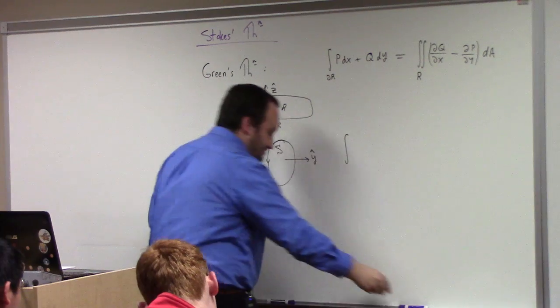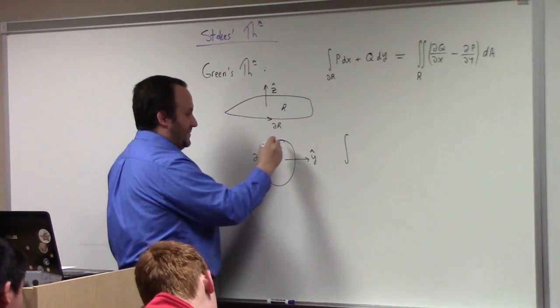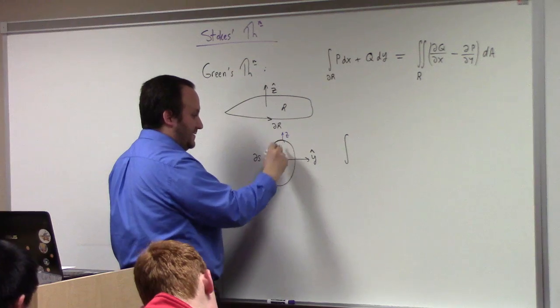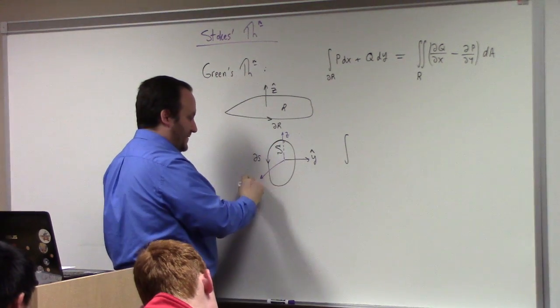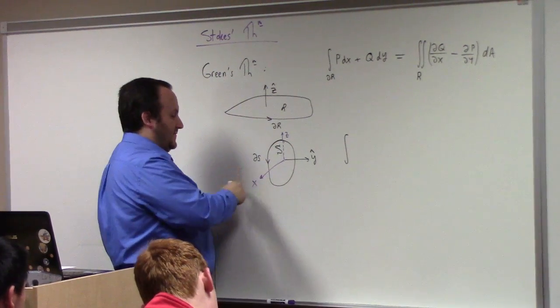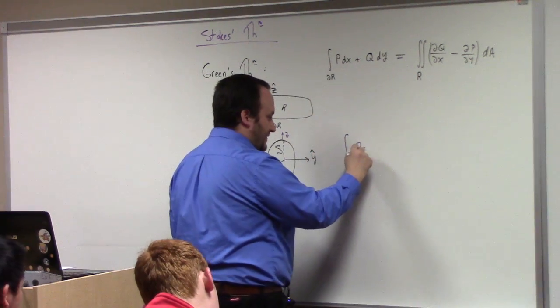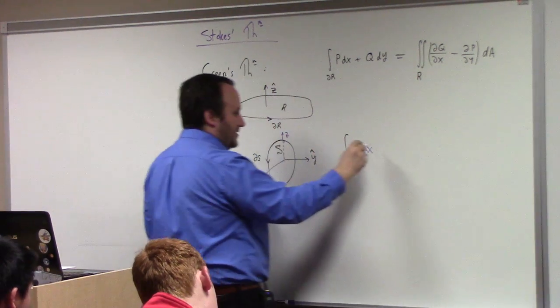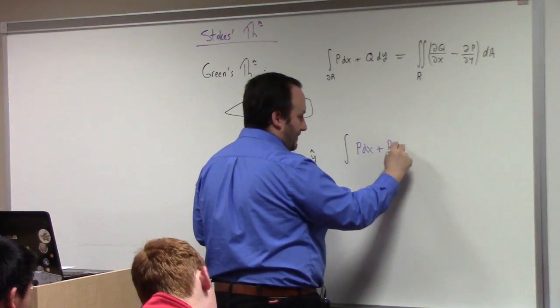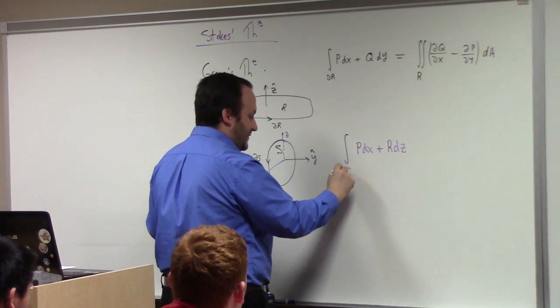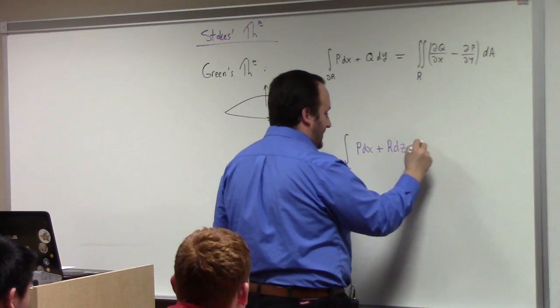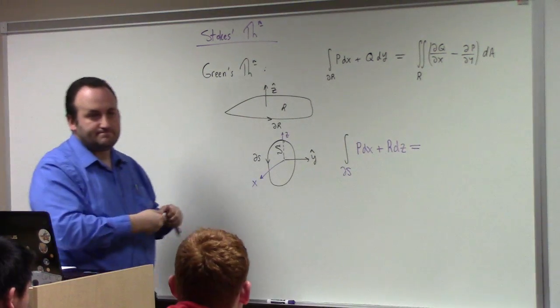So again, to try to keep my picture quasi-honest, here's z, here's x. So maybe I could look at something like P dx plus R dz, right? Boundary of S. What would Green's theorem look like in this system of coordinates?